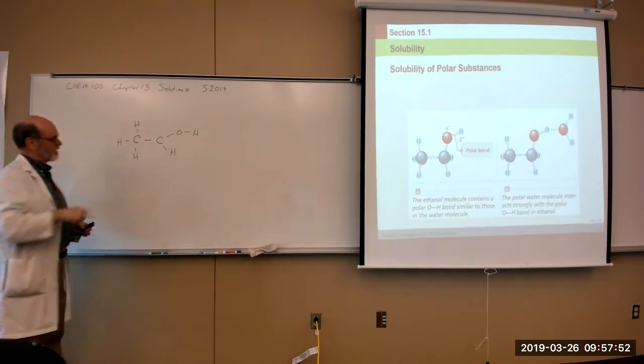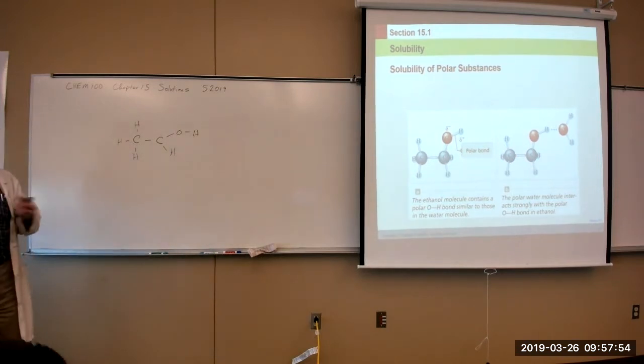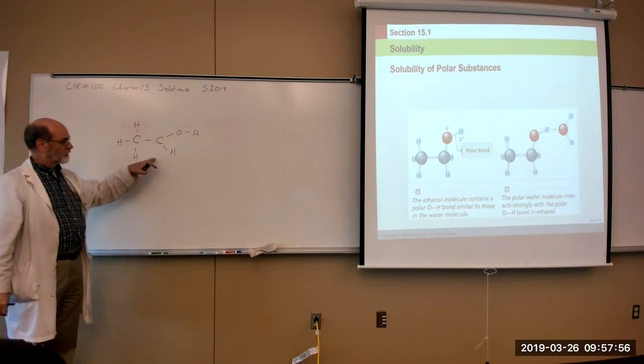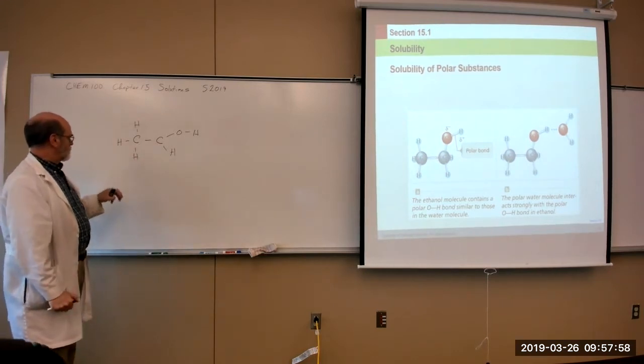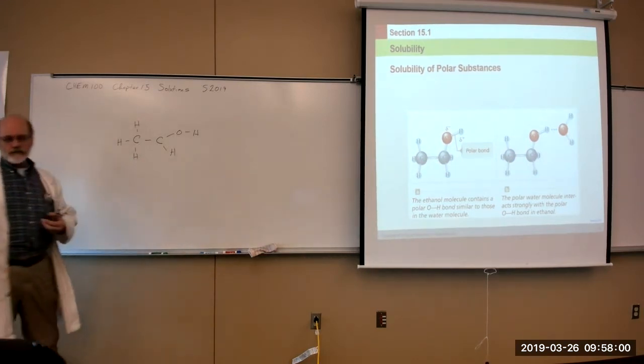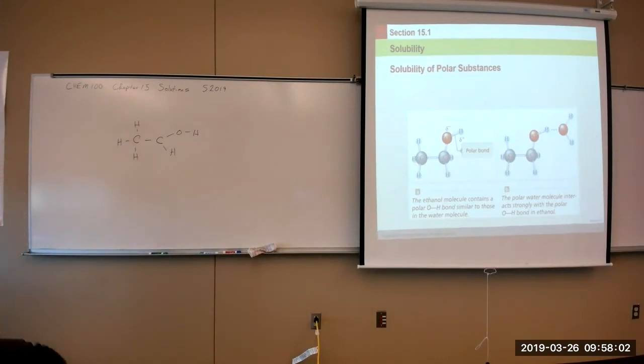Okay, so there's your drinking alcohol molecule. And we look for the difference in what we call electronegativity. That is, how strongly does each of these elements pull or attract electrons? If its electronegativity is high, it has a strong attraction. If it's low, it has a weak attraction.